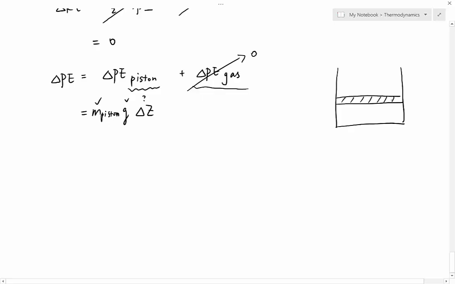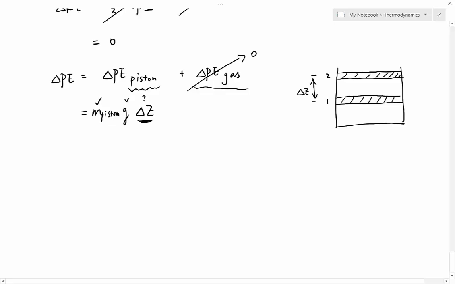Because the gas is going to gain heat, it's going to expand, so it will push up the piston. So finally, the piston will be pushed up to a new position. This is the initial position, this is the final position. And now we're looking for delta Z, the change of the height of the piston. If we can find delta Z, we can just plug it in here and find delta PE.